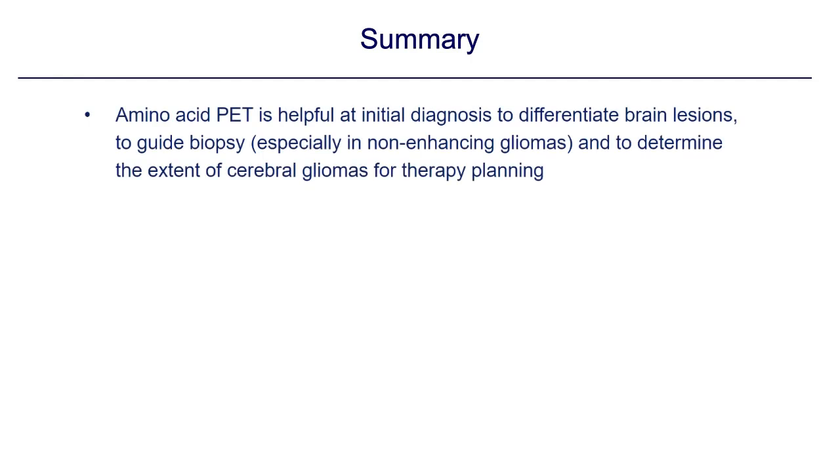And this brings me to the summary of my webinar. Amino acid PET is helpful at initial diagnosis to differentiate brain lesions, to guide biopsy, especially non-enhancing gliomas, and to determine the extent of cerebral gliomas for therapy planning.